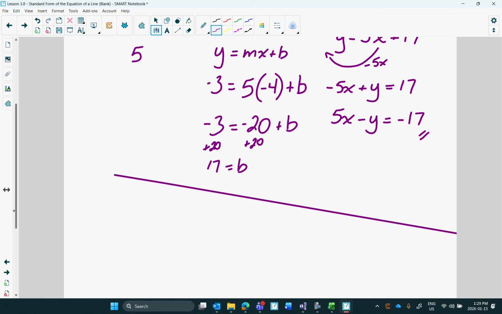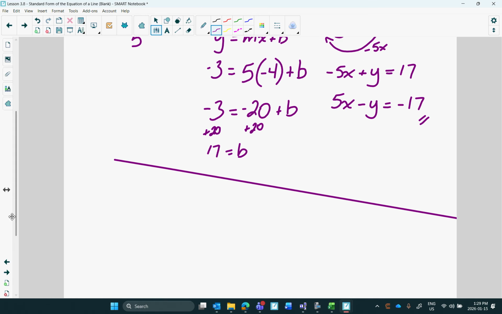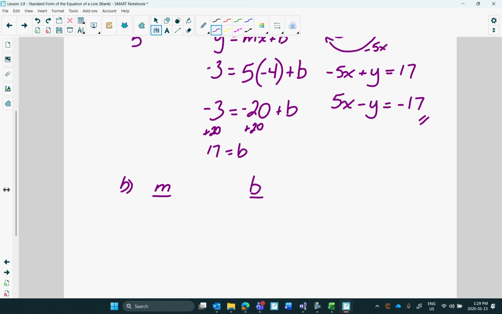For B, again, m and b. Do I know what m is? No. Can I figure it out? Yep, I use the slope formula, right?